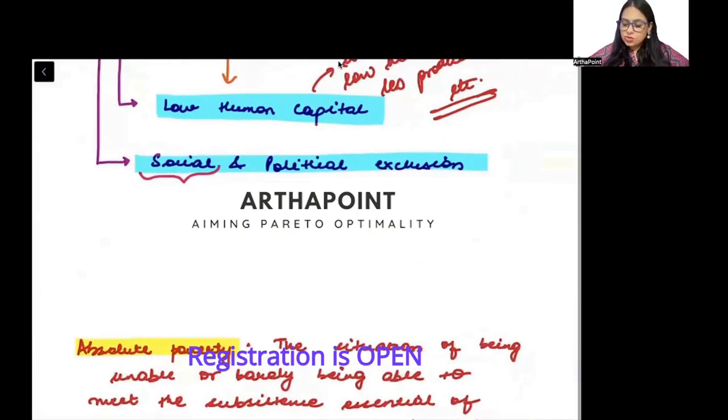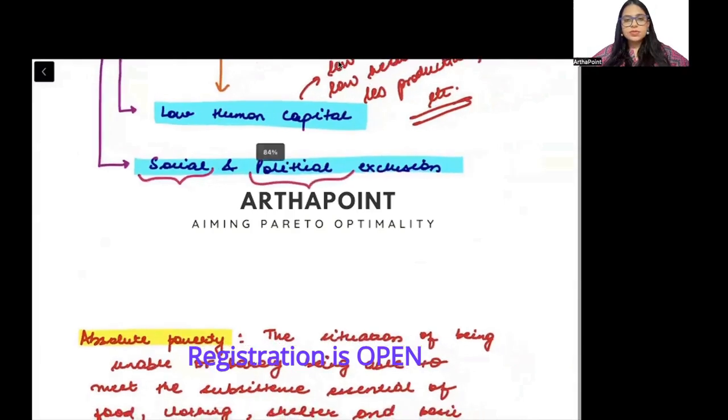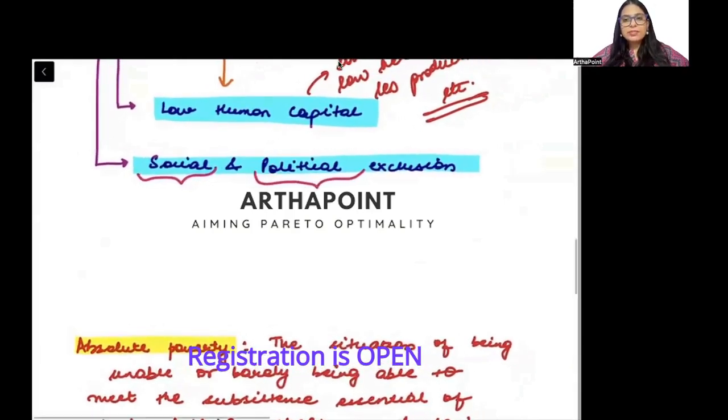And then there is also political exclusion. You can be not given your political rights, right? You can be excluded from your political freedom, right? Right to decide whom to vote for for example.